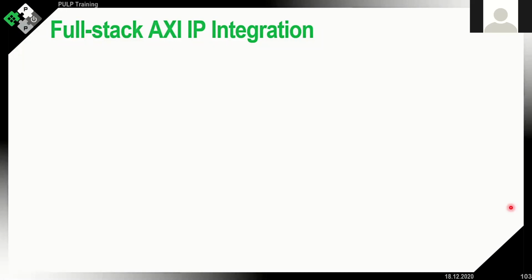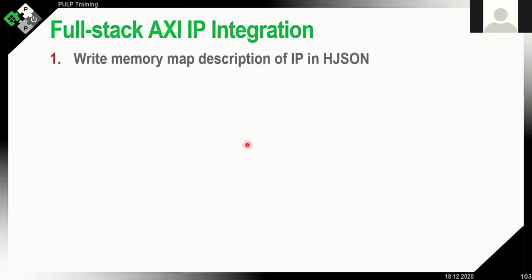So what you will do as part of this exercise is, well, the slide says you are going to write a memory map description of the IP in HJSON. Actually, we already did that for you as part of the exercise files that we prepared, but you are still supposed to have a look at the file.